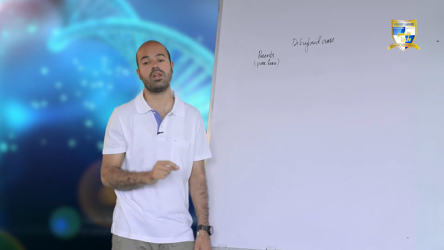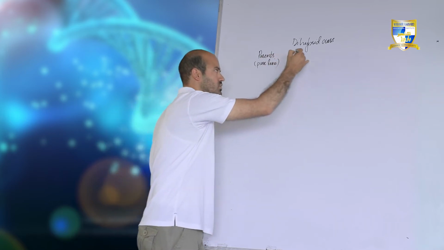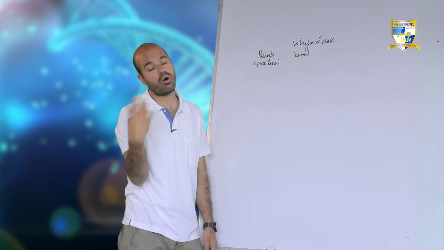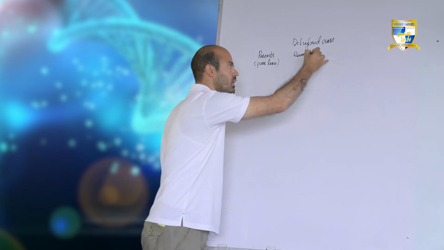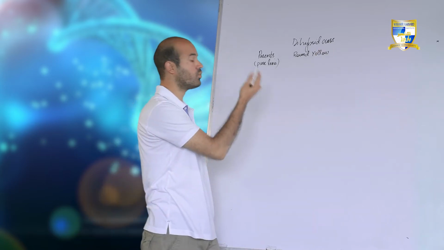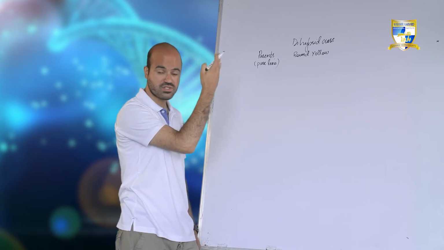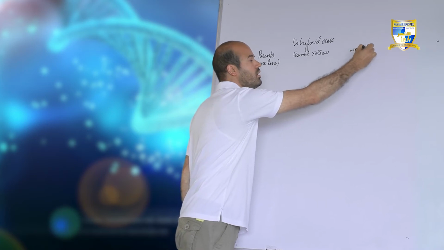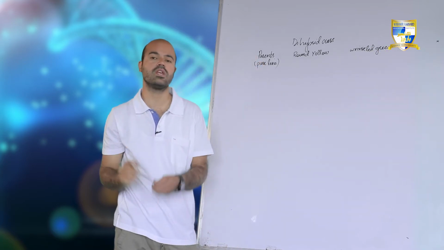If you remember from the last lectures, the dominant shape of seed is round, and the dominant color of seed of the pea plant is yellow. Then the recessive, the contrasting traits of the same characters, will be wrinkled shape and green color of seed.